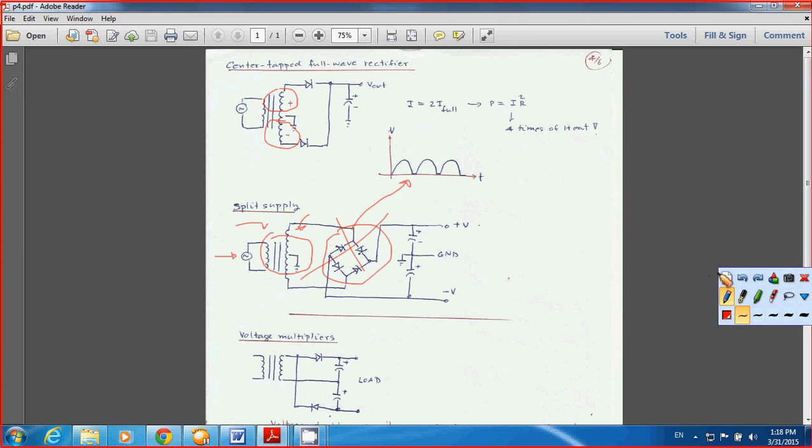The problem is that when you use 2 parts of the transformer, your intention is for this part to pick up the positive input sinusoidal signal, and this part to pick up the negative sinusoidal.